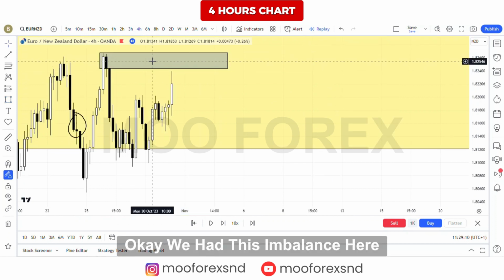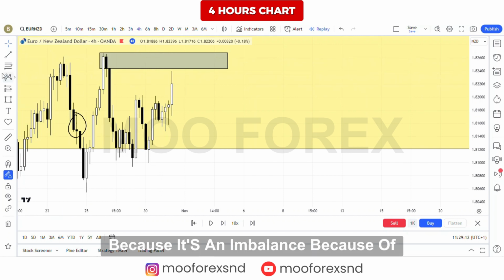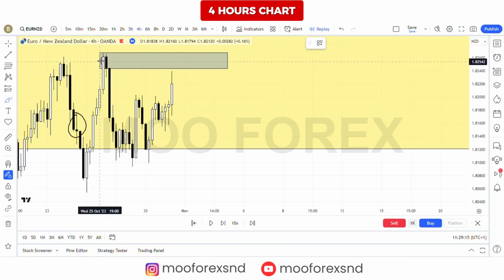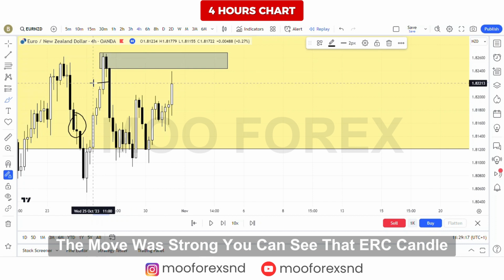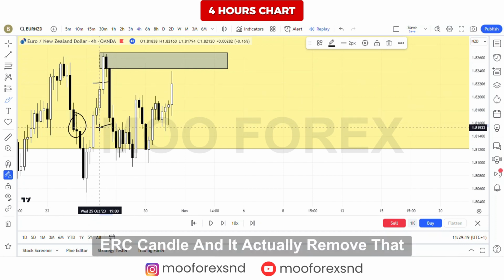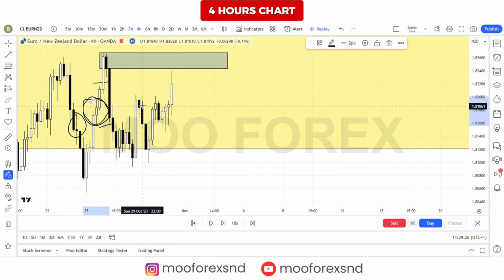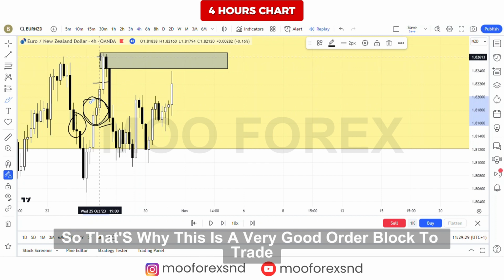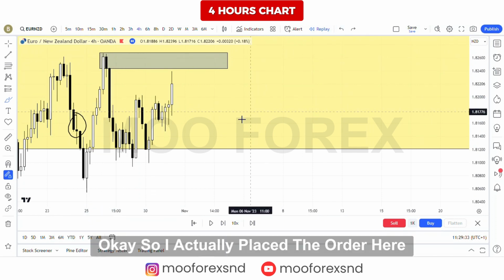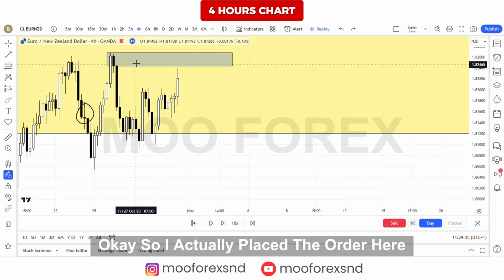It's an imbalance because the move was strong. You can see that ERC candle, and it removed the opposite side of demand in the 4 hours chart. So that's why this is a very good order block to trade, and I placed the order here.